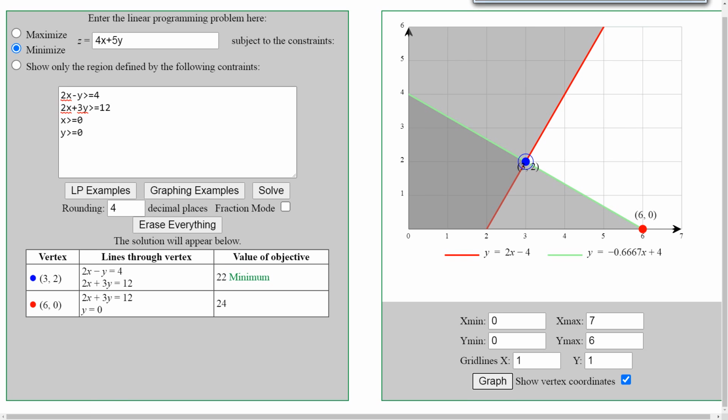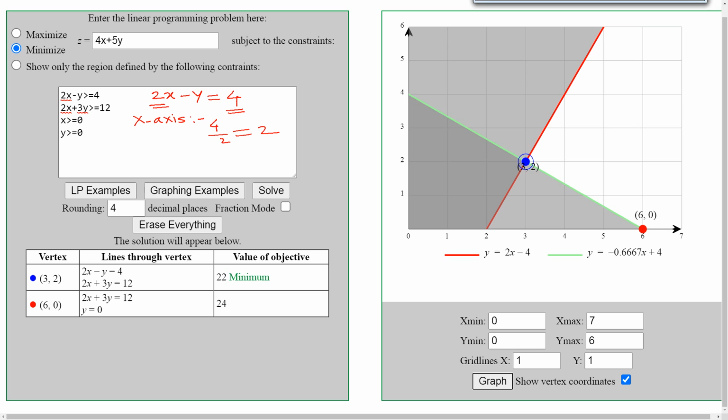So first we will plot the straight line 2x minus y is equal to 4. Point on x-axis is given by c upon a, constant upon coefficient of x. So 4 upon 2, that is equal to 2.